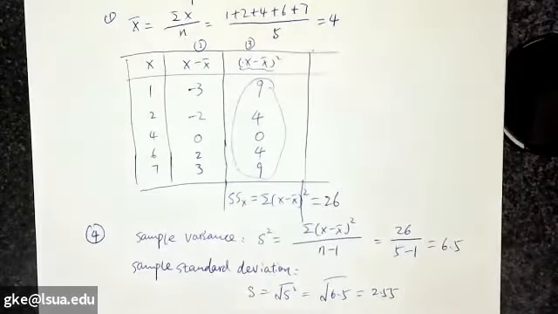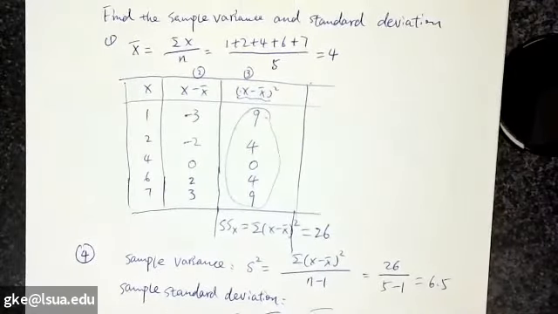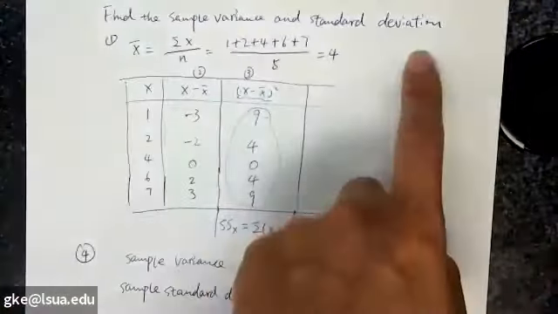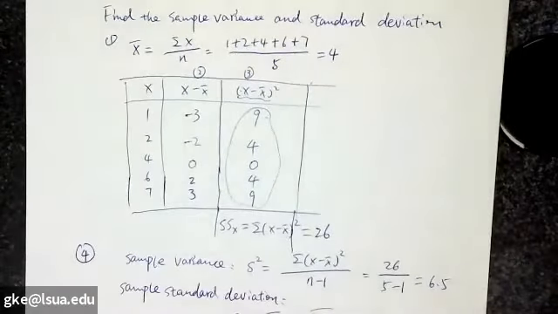That's it. That's a typical way, 4 steps to solve the sample variance and the standard deviation. More questions will be assigned through your homework. I'm going to assign a lot of homework related to such problems.